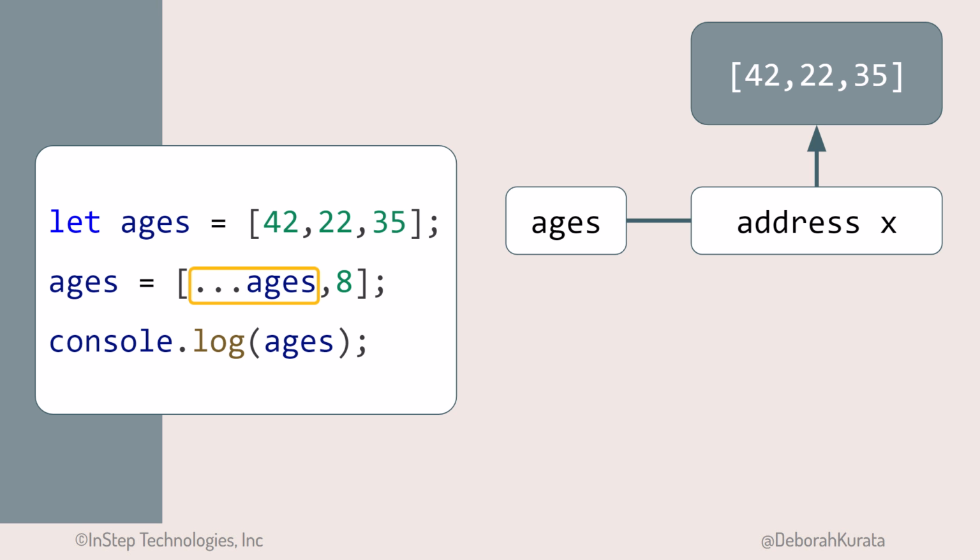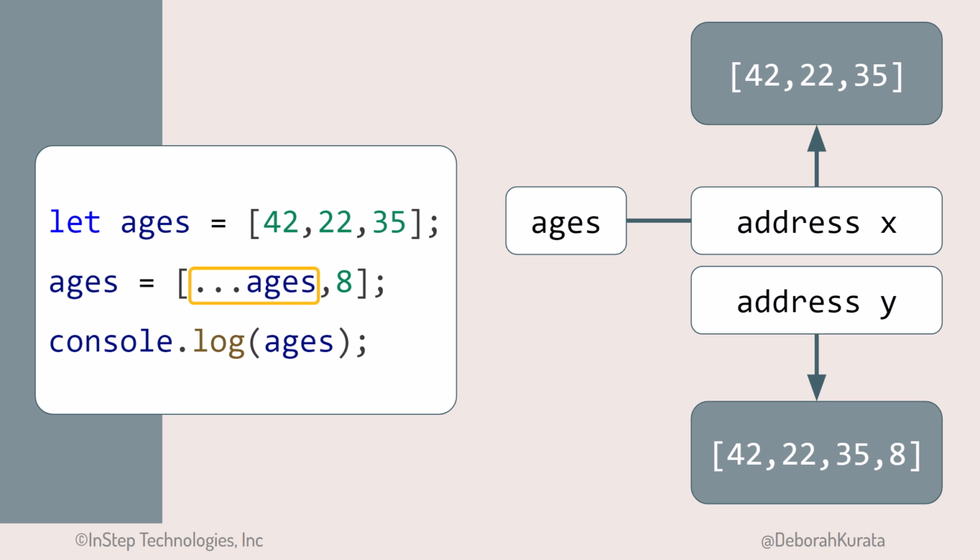The spread operator makes a copy of the existing array at a new address by spreading the existing array. We then add the new element to that copy and reassign the ages variable to the address of the new array. Notice that the original array is not changed. By using the spread operator, we achieve immutability.